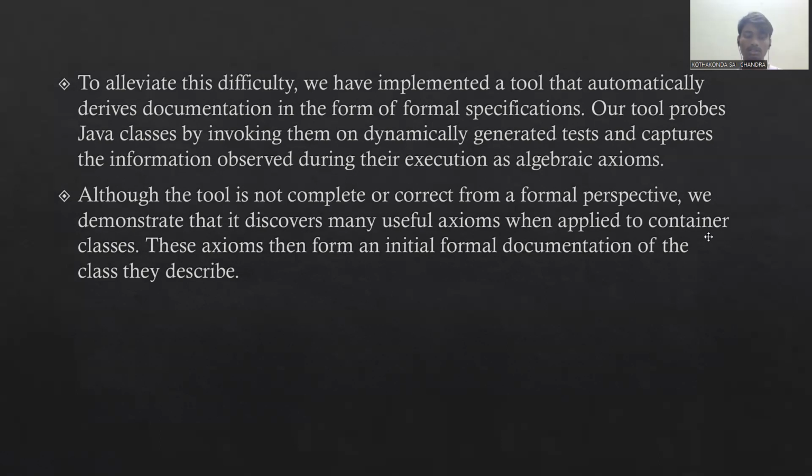Although the tool is not complete or correct from a formal perspective, we demonstrate that it discovers many useful axioms when applied to the container classes. These axioms then form an initial formal documentation of the class they describe. So this is the abstract of this topic.